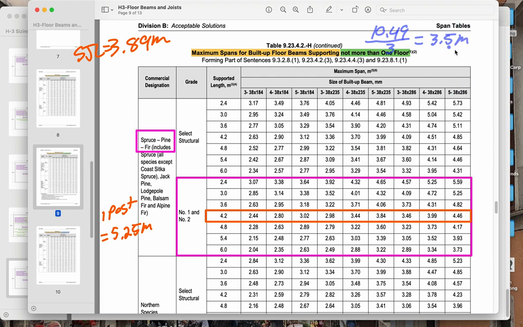So 3.5, let's see if we go down the row here, 3.02, 3.44, so close. Here we have 3.84, oh, 3.46 doesn't work. And we have this, 3.99. So we could choose a 5-ply 2x10 or a 4-ply 2x12, and we'll have 3 spaces, that's 2 posts.